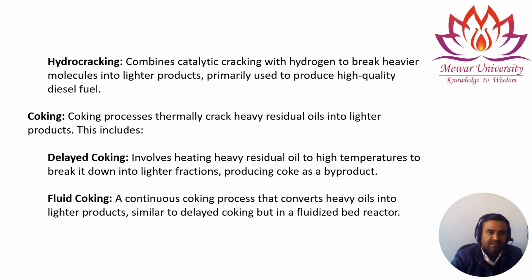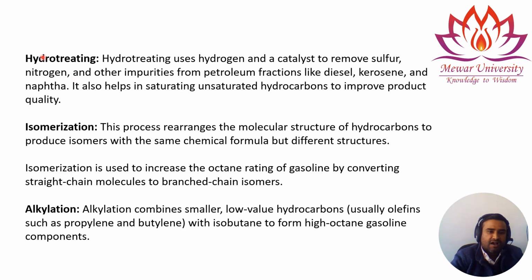Coming to the next slide, we have hydrotreating. Hydrotreating is another conversion process in the refinery. Hydrotreating uses hydrogen and a catalyst to remove sulfur, nitrogen and other impurities from petroleum fractions like diesel, kerosene and naphtha.